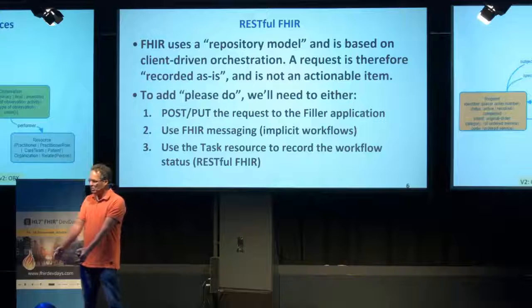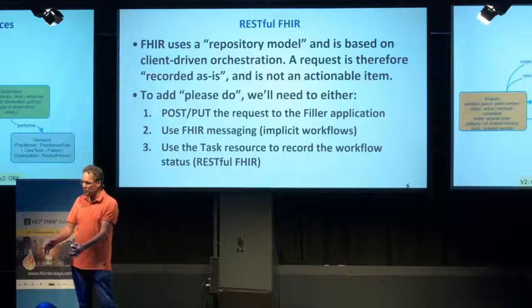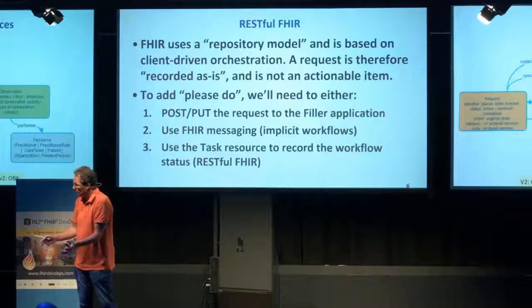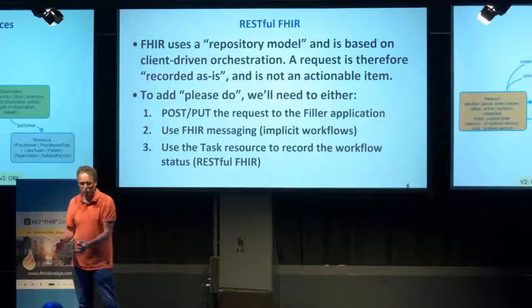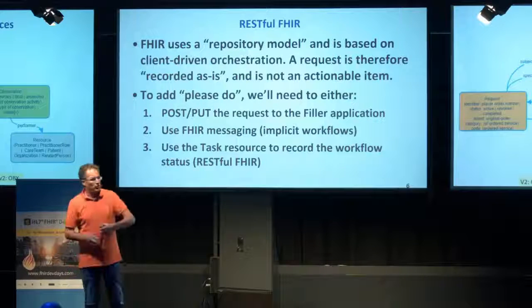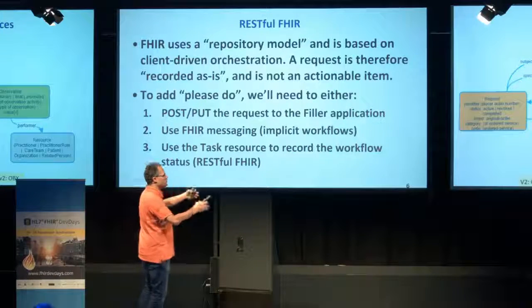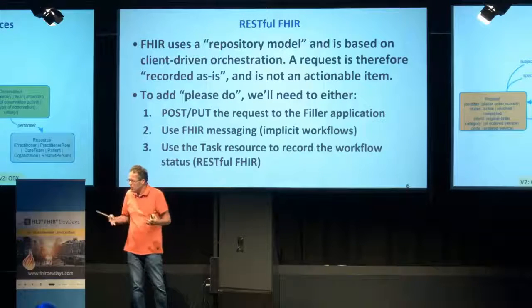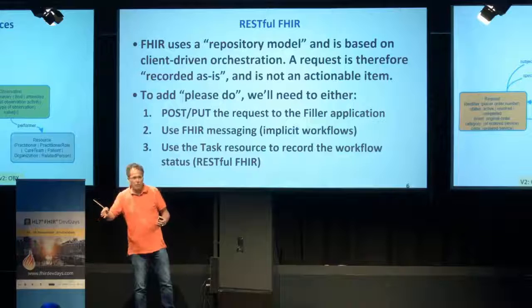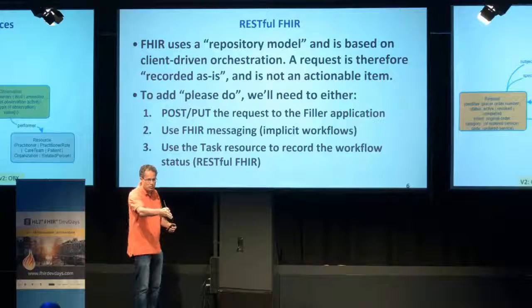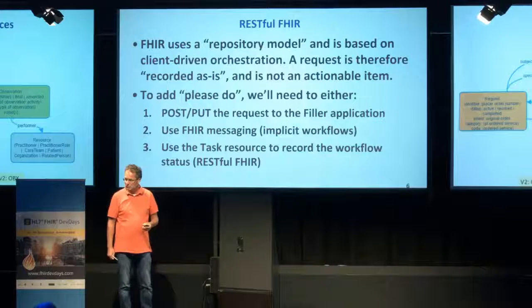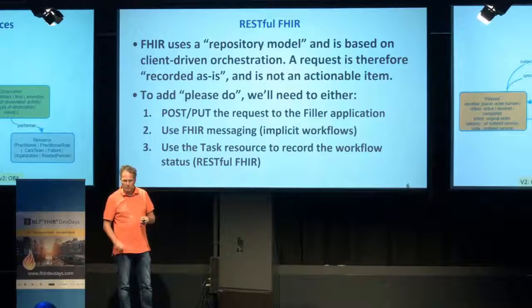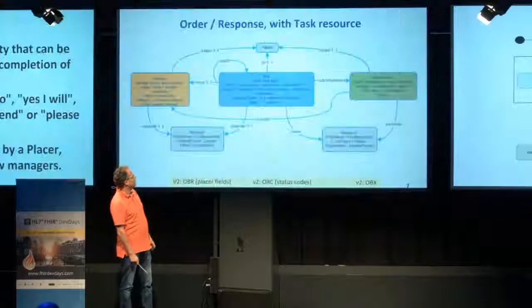But there is no information as to who is supposed to actually perform this, or maybe it has already been performed. I have no clue. So in itself, it's not sufficient to just record the request, because that doesn't indicate to any party, thou shalt do something. I'm talking to you, you should do something. So that requires another layer, effectively.